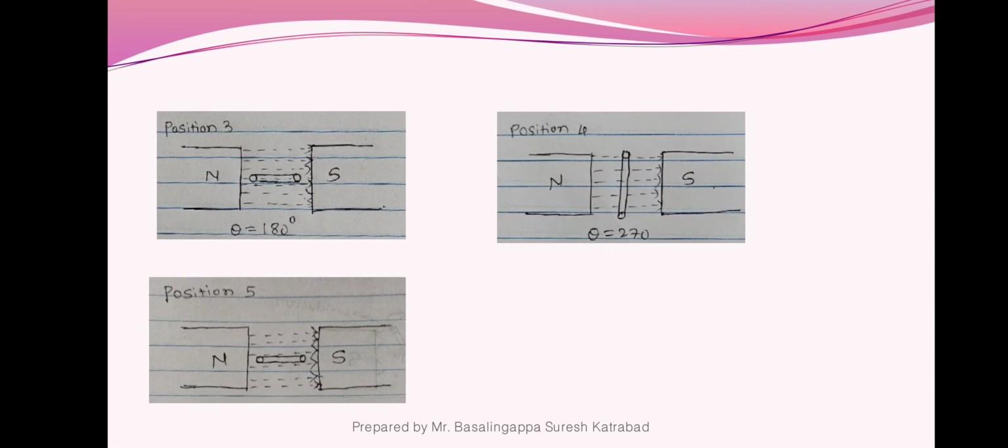Again at this condition, conductor and magnetic flux both are perpendicular to each other, hence induced EMF is maximum. And at last position 5, that is theta equal to 360 degree, both conductor and magnetic flux are parallel, hence induced EMF is 0.